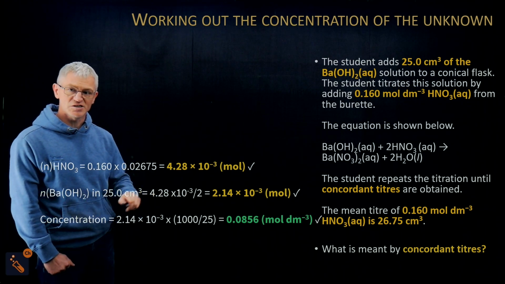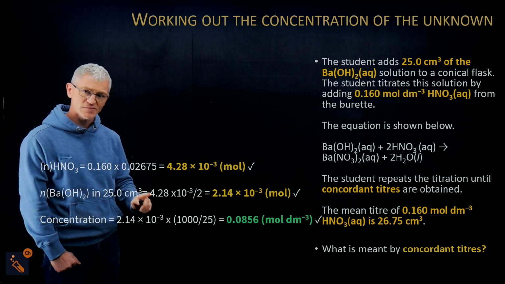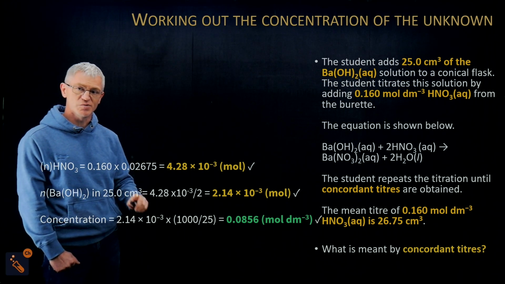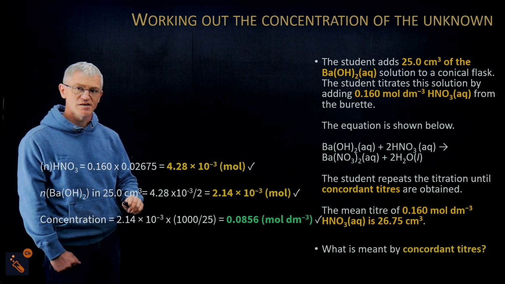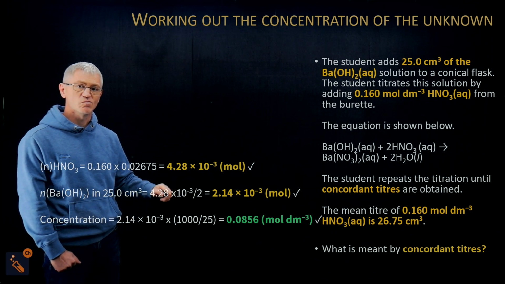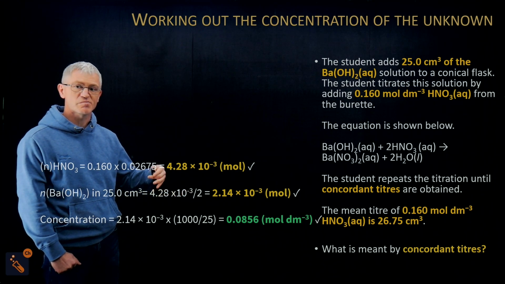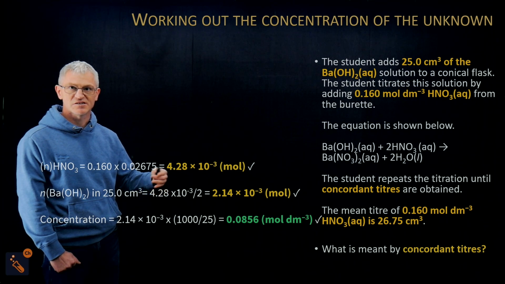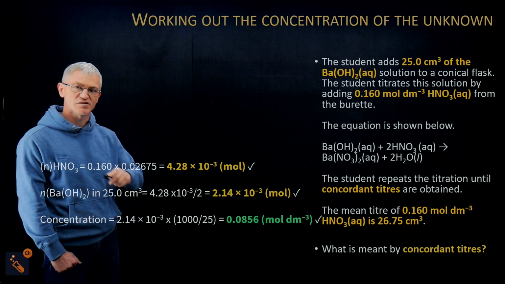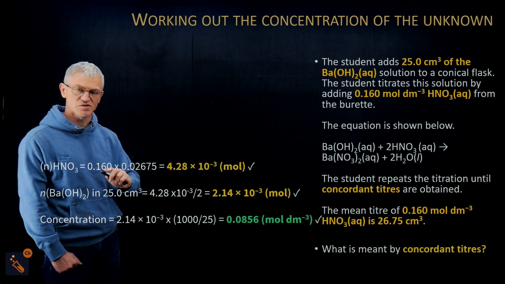The last thing is the concentration. The concentration is going to equal our number of moles of barium hydroxide, which we've calculated, and we want to find out what it is per decimetre cubed. If you look at our equation here, number of moles equals concentration times volume.